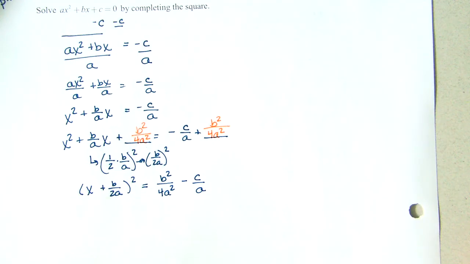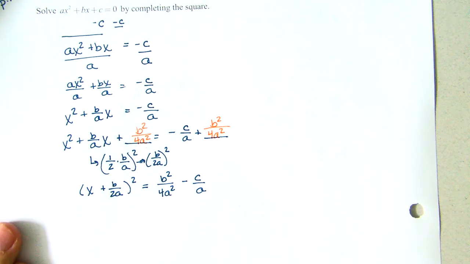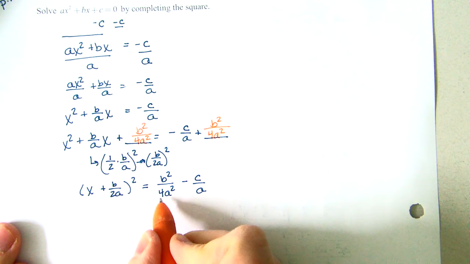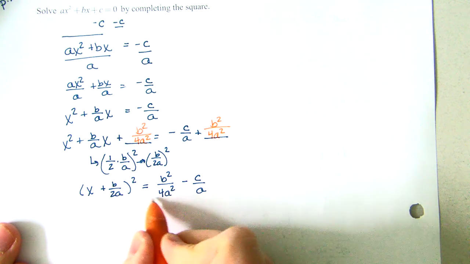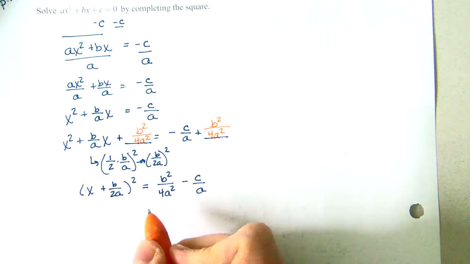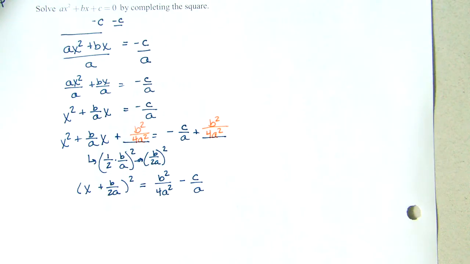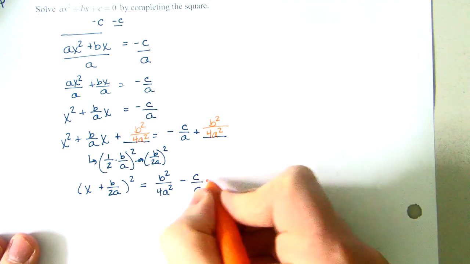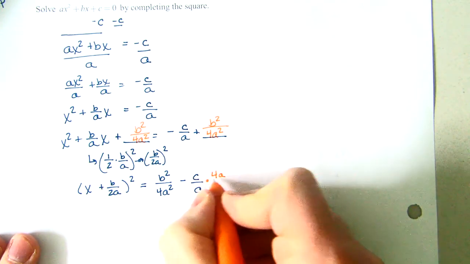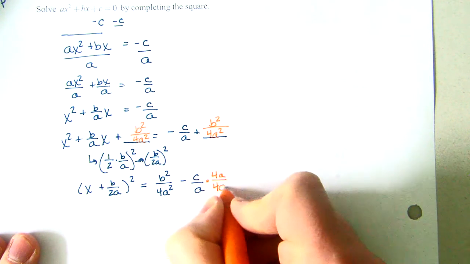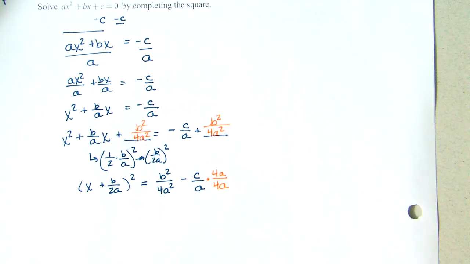And what I need to do is get a common denominator so I can subtract these things. My common denominator is going to end up being 4a squared. Don't worry too much about where I got that from. We will talk about how to do fractions like this later on in the year. But to make that happen, I'm going to have to multiply that second fraction by 4a over 4a.